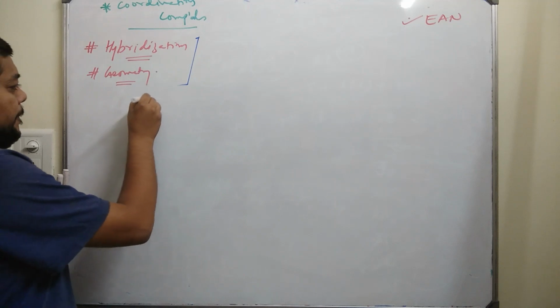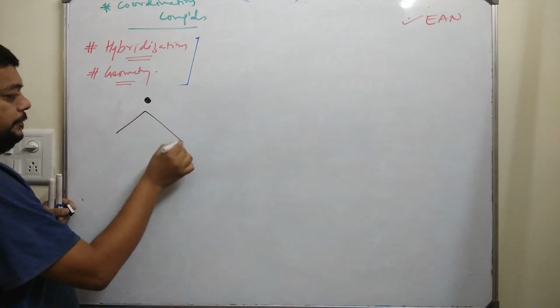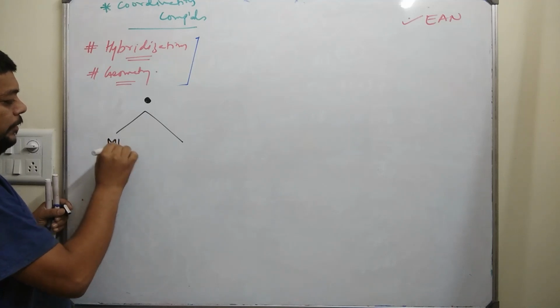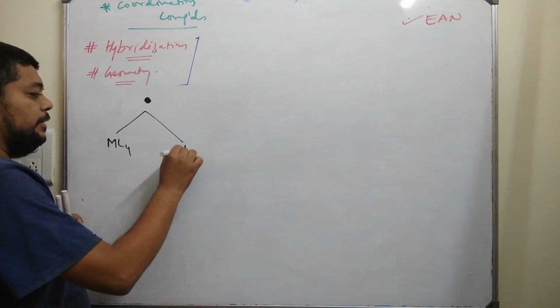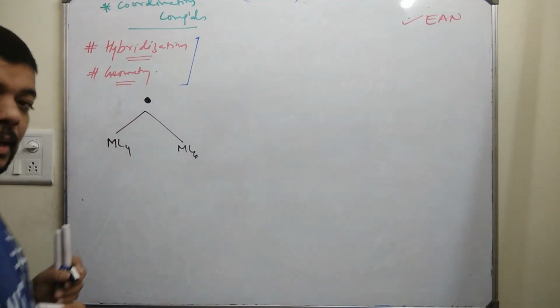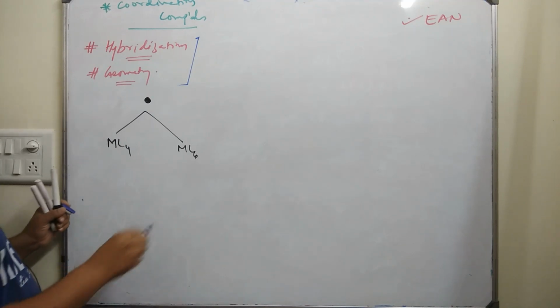If I say that based on the ligand, we have ML4 type of structure, or based on the ligand, we have ML6 type of structures, then these two structures will help us deduce different hybridizations and different geometry.